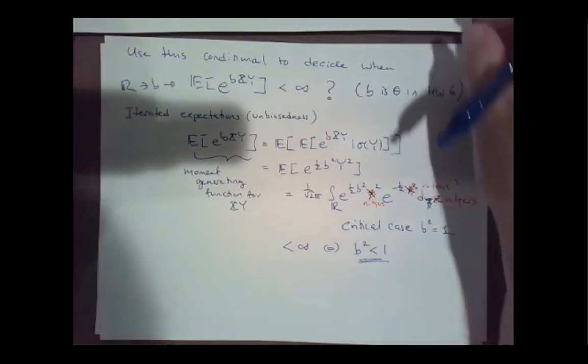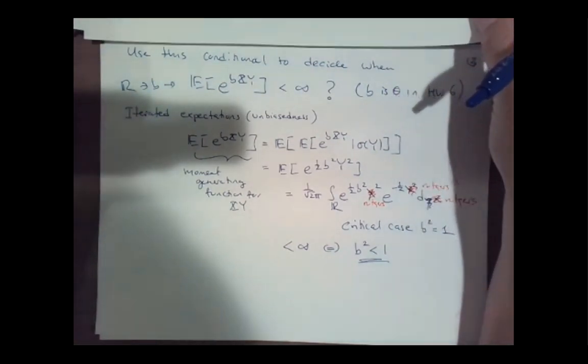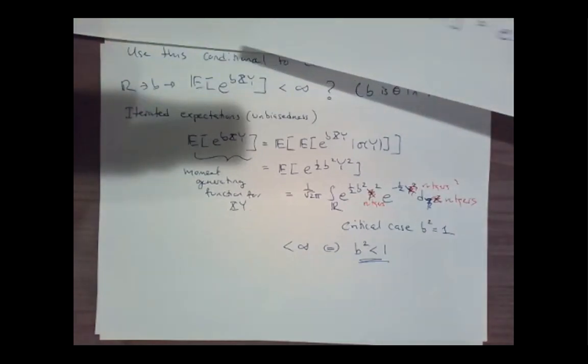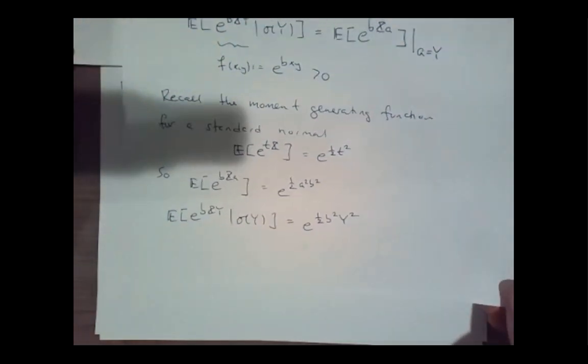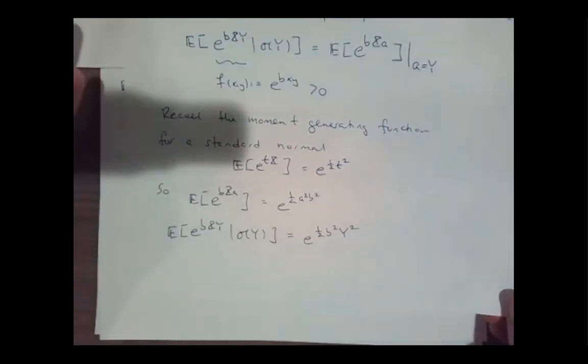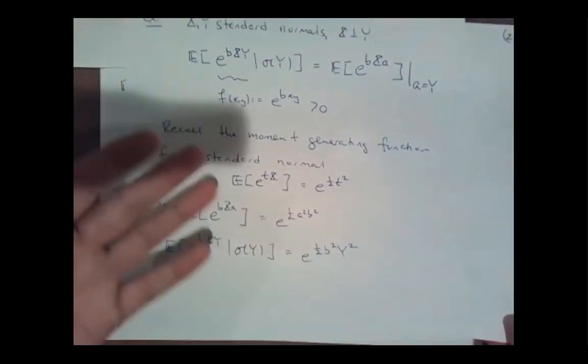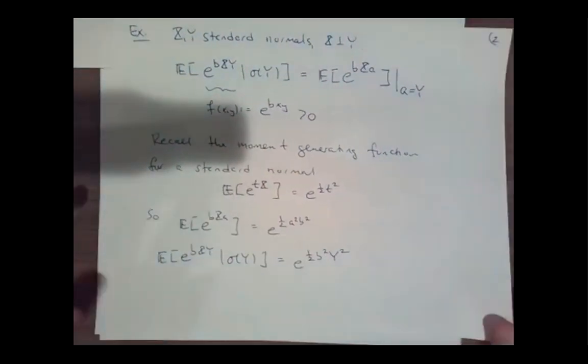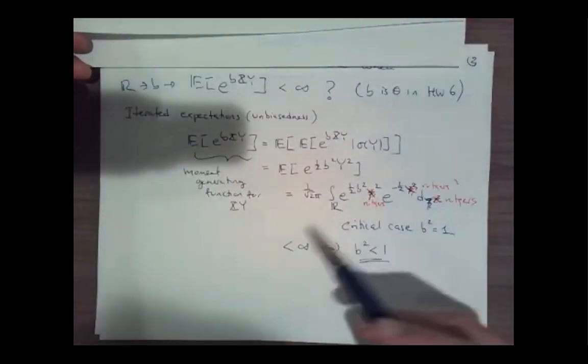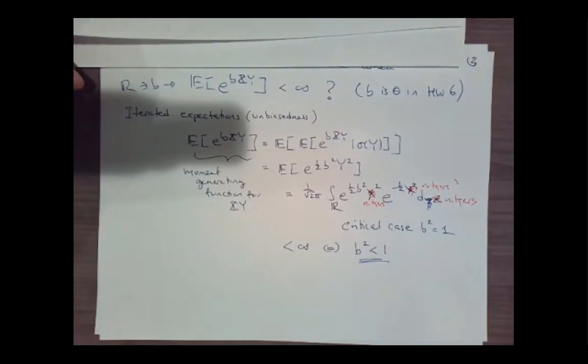So this was one example of how one could use the independence lemma to compute a conditional expectation, then use that conditional expectation to determine whether or not a given moment generating function will be finite.